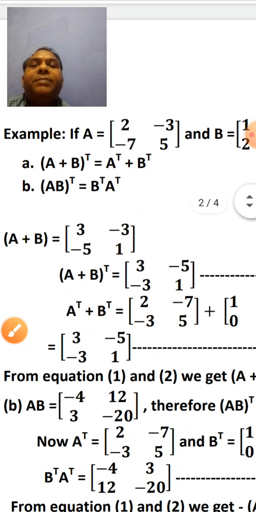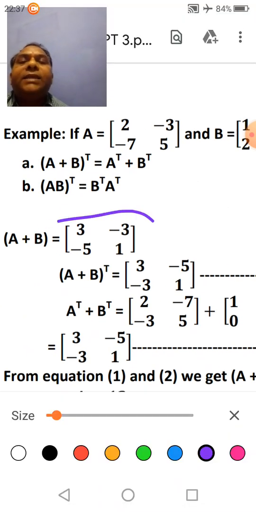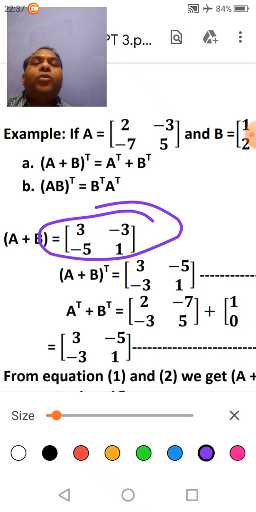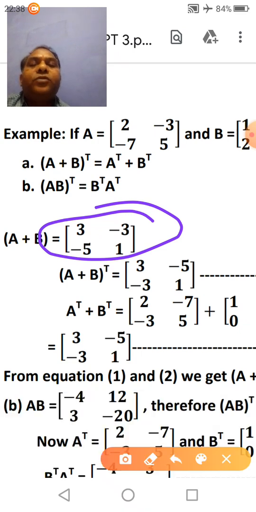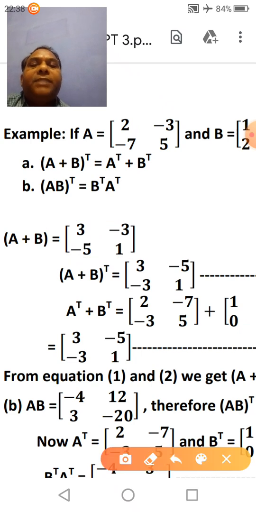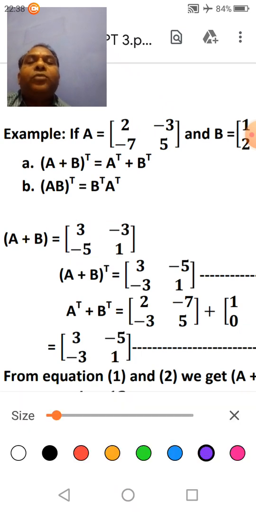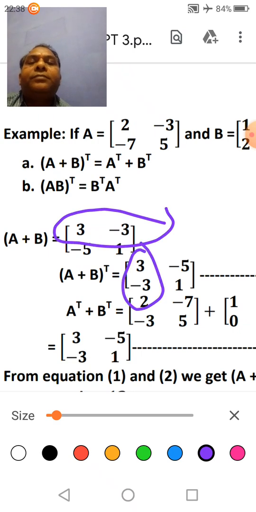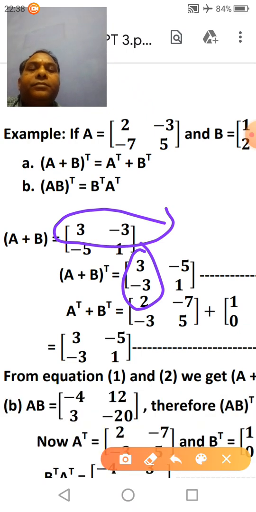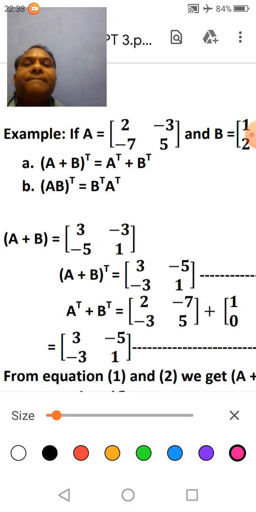So firstly find A plus B. A plus B means you have to add both the matrices, then A plus B will be 3, -5 and 1. Clear? Now find its transpose. To find the transpose of A plus B, you have to write the first row as the first column and the second row as the second column.